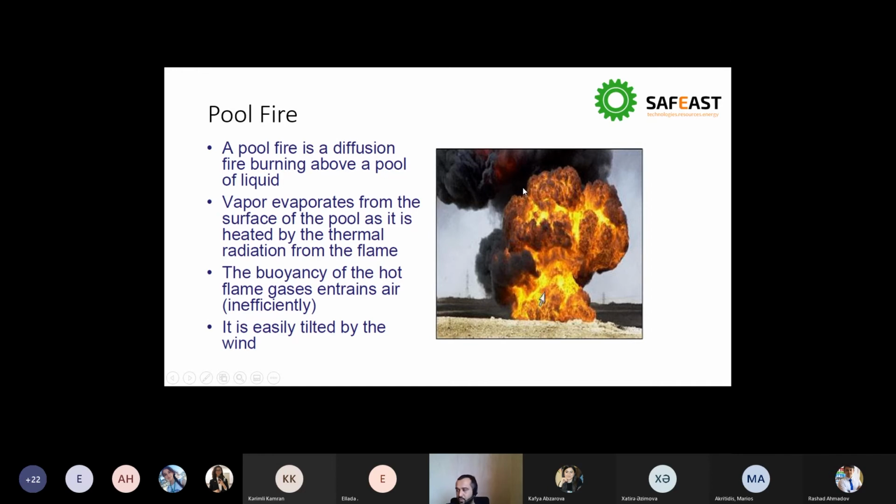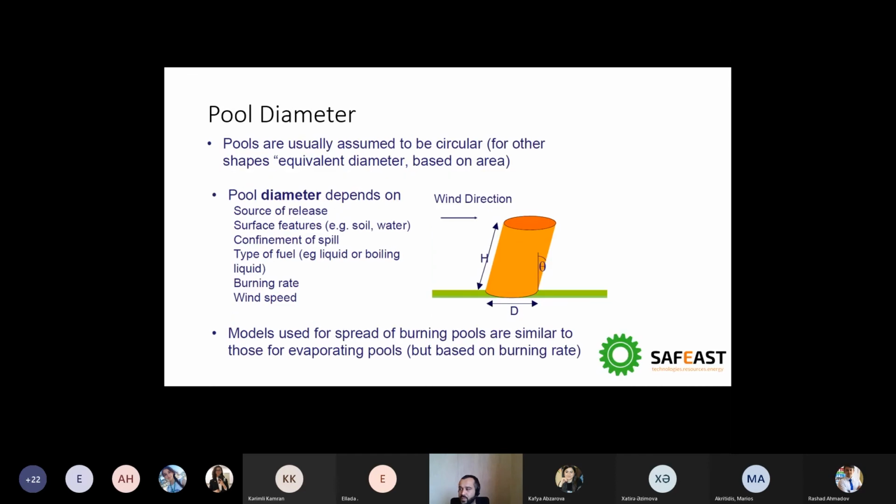If you pay attention, or if you Google some pool fires and look at their shape, they're usually not cylindrical. Most of the time they are tilted, and this tilt is caused by wind. Whatever the wind direction is, it tilts the pool fire.